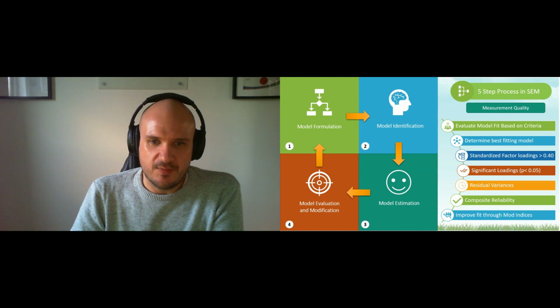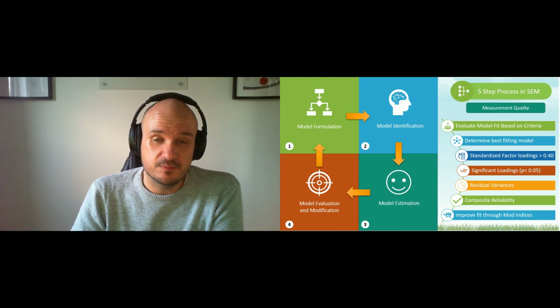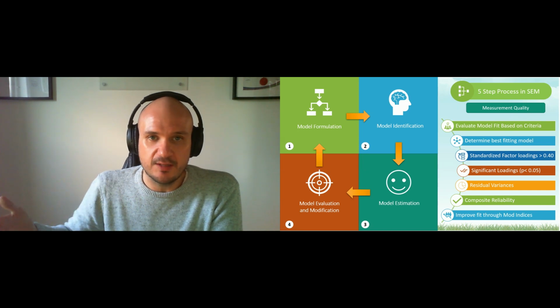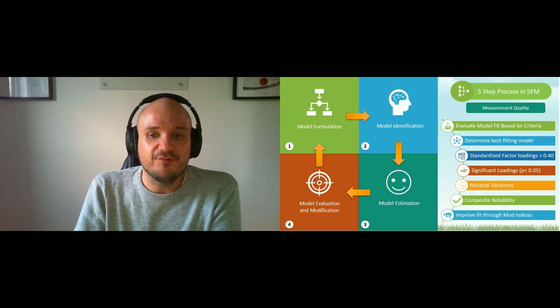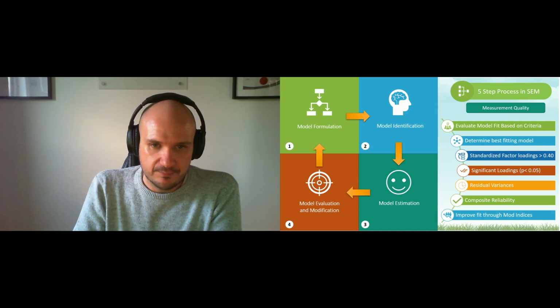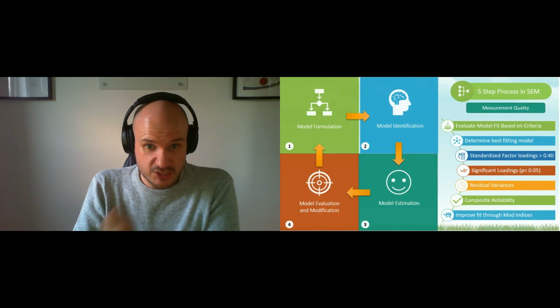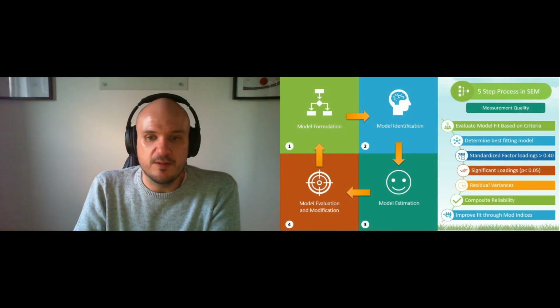Now, there are a couple of things we have to look at. Firstly, we evaluate every model based on our fit statistics, right? So every theoretical model that we test empirically, we have to generate the fit statistics on it, and then we can compare it with one another so that we can determine the best one.